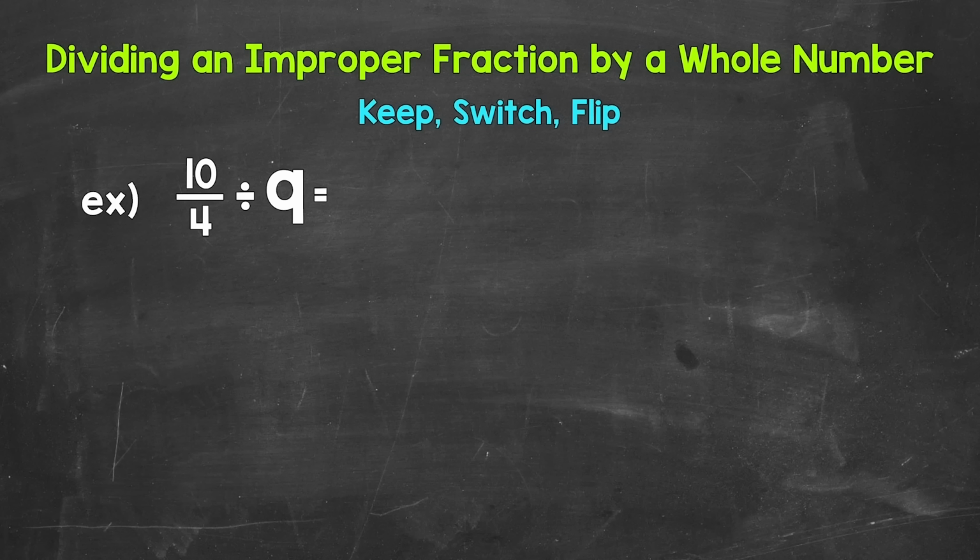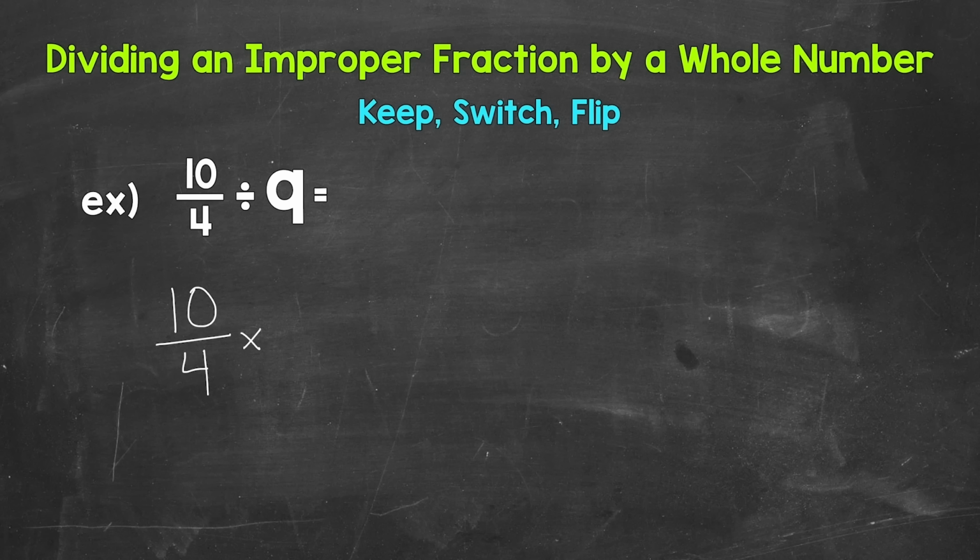Now we will take a look at dividing an improper fraction by a whole number. Let's jump into our example where we have 10/4 divided by 9. So keep, switch, flip. Let's keep 10/4. Switch to multiplication, and then we need to flip that 9.